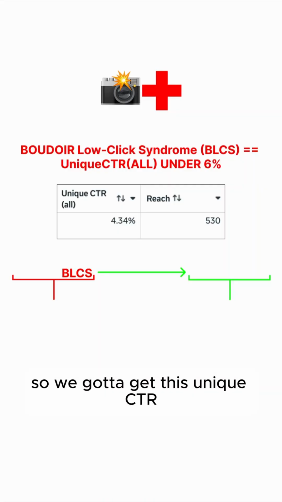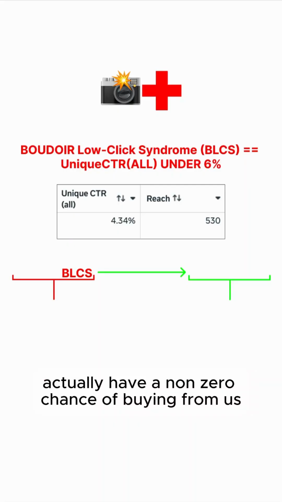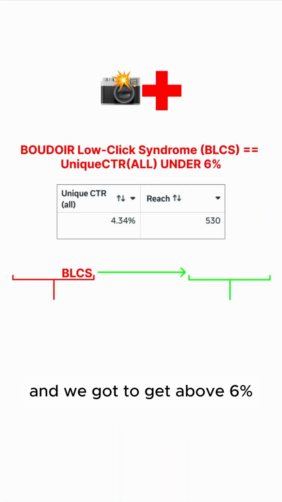So we've got to get this unique CTR up as high as possible, so we maximize the number of women who actually have a non-zero chance of buying from us, and we've got to get above 6%.